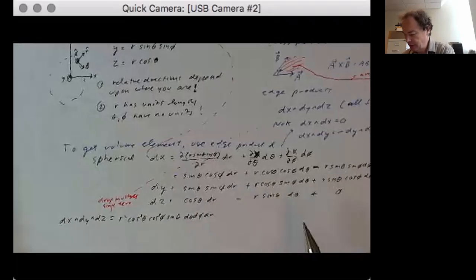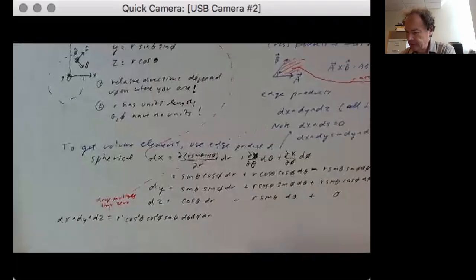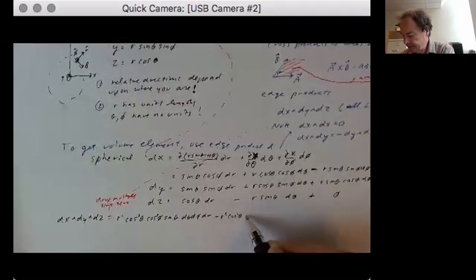So I'll take both of those first. This one's got a minus on it: r squared cosine squared theta sine squared phi sine theta d phi d theta dr.